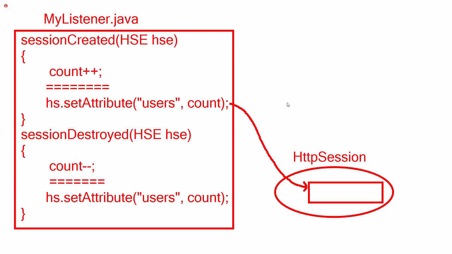Now here users count is also updated. So from this one also, when a user logs in, count plus plus, the value changes. When a user logs out, count minus minus, the value changes.